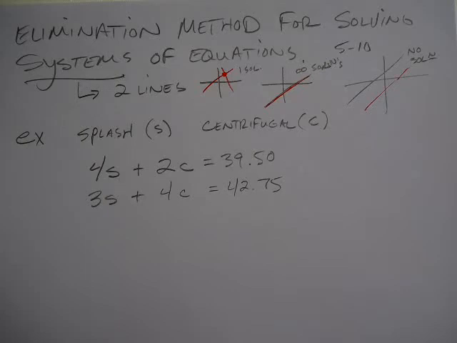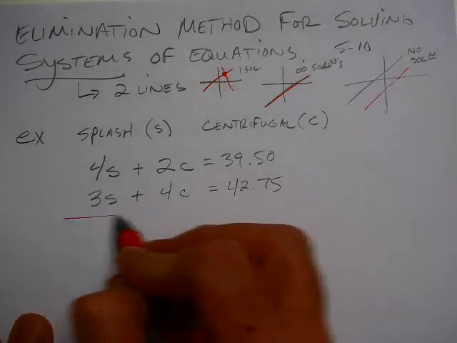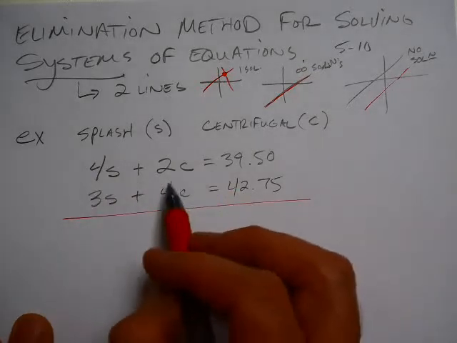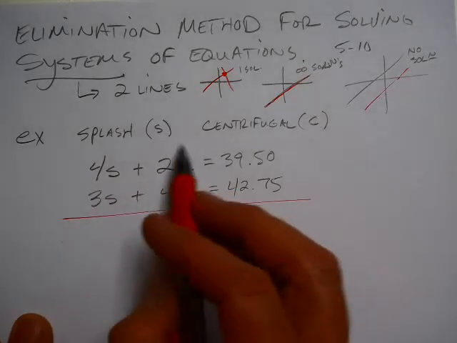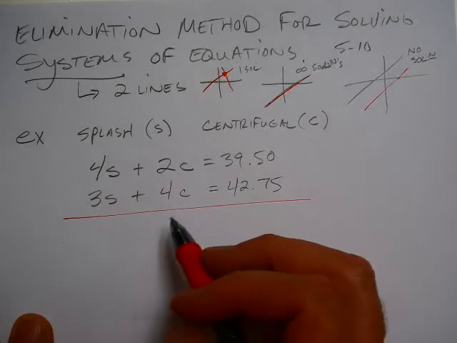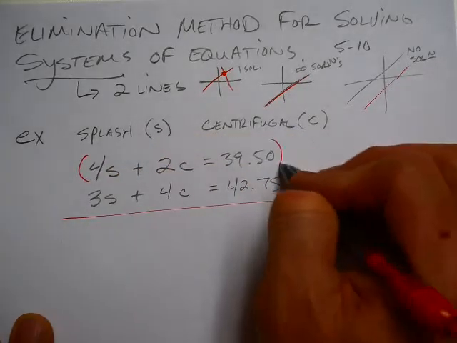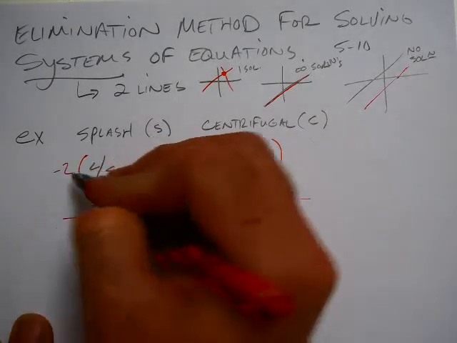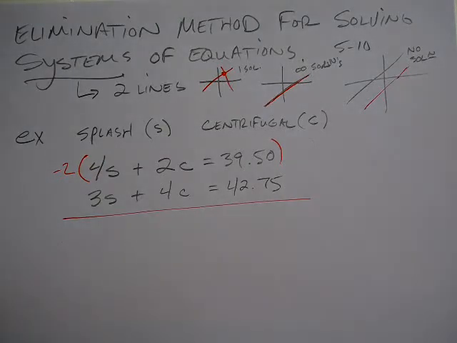Plan on it. Okay, so what I'm going to do here is I'm going to take a look at these guys, and I'm going to see that I can make the C's the same but opposite pretty easily if I multiply the top number by -2. Okay, the top equation. Now, I can't just multiply one thing. I got to multiply everything in that equation.